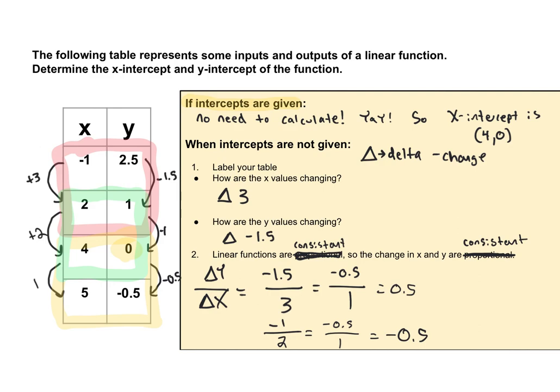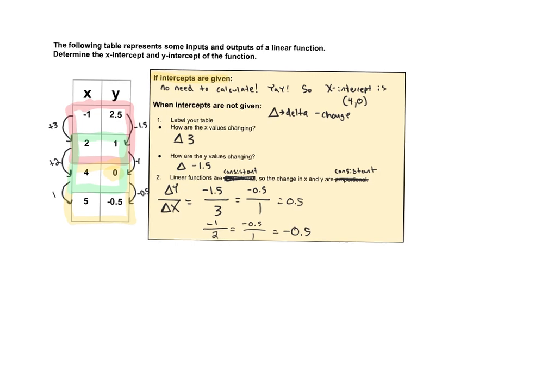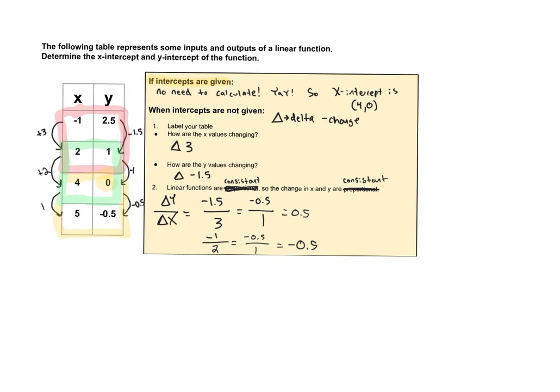And what we can do here, sorry, I'm going to shrink this down a little bit, is we can actually make a new table. Okay, so I just included where x is 0 on this table, and I'm going to fill in what I already know. I know that when x is 2, y is 1, but I also know that as x increases by 1, y is going to decrease by 0.5. So that gives me right here, this is going to be 2. And we can double check. We can see what happens.